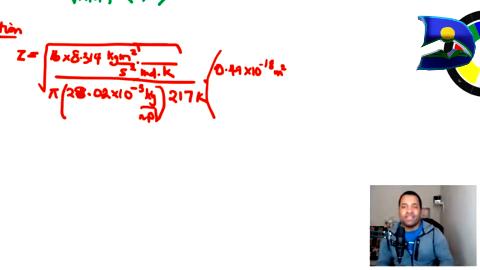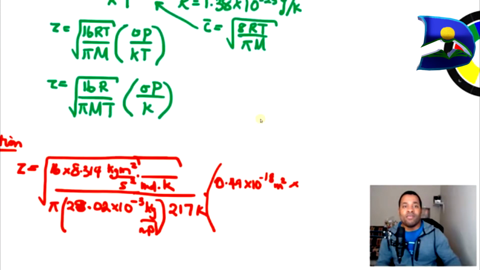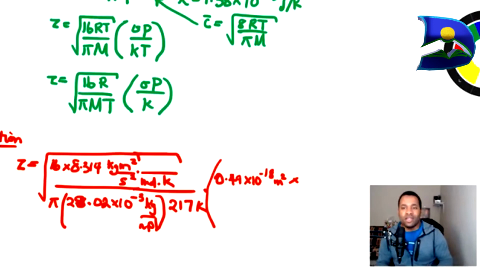The pressure that is given is measured in kilopascals, which means you're multiplying by 10 to the 3. Therefore, our pressure, which is given as 12.1, is going to look like this, in pascals. And we know that pascals is measured in Newton per meter squared.